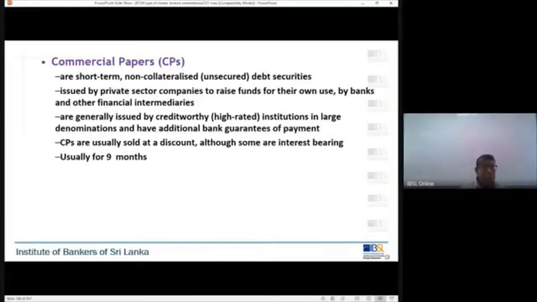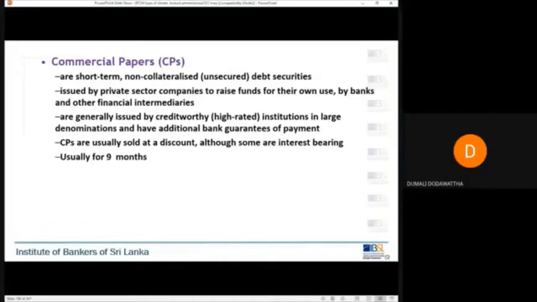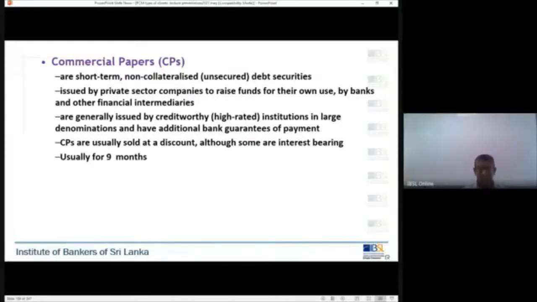And commercial paper is usually sold at a discount, although some are interest bearing. Now, you know what is the difference between discount and interest bearing. Can you tell me another product sold at a discount? I think you know. Treasury bills. Treasury bills. Discount. Good. And commercial paper is also issued at a discount. That means you are issuing it for, say for an example, 6 months or 9 months or even 1 year.